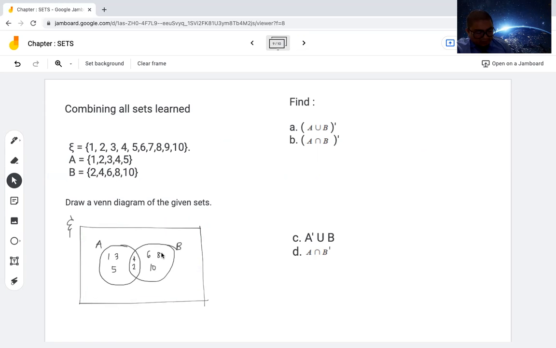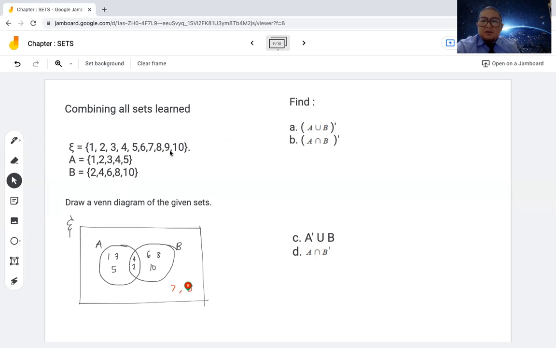Now let's try to find out what those elements are. So we have 1, 2, 3, 4, 5, 6. We didn't see 7. So any elements that are not visible inside the circles will automatically be written outside. The 7 was not in any of these, and neither was the 9.